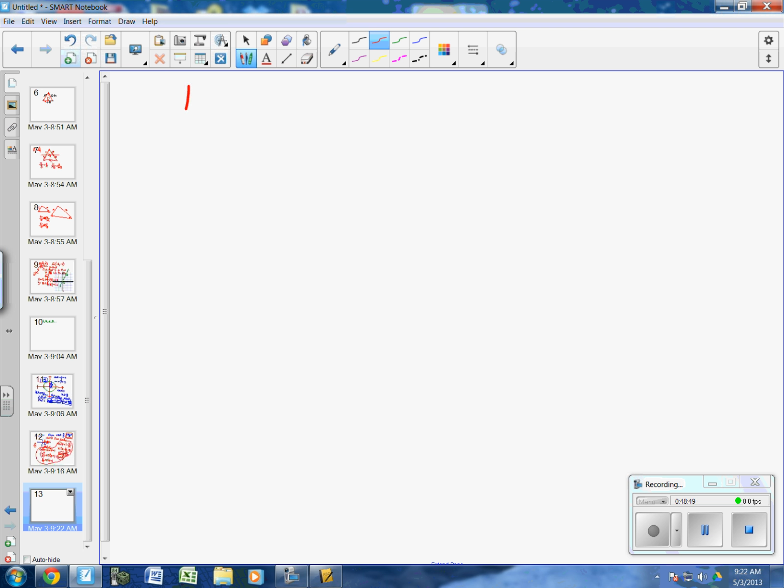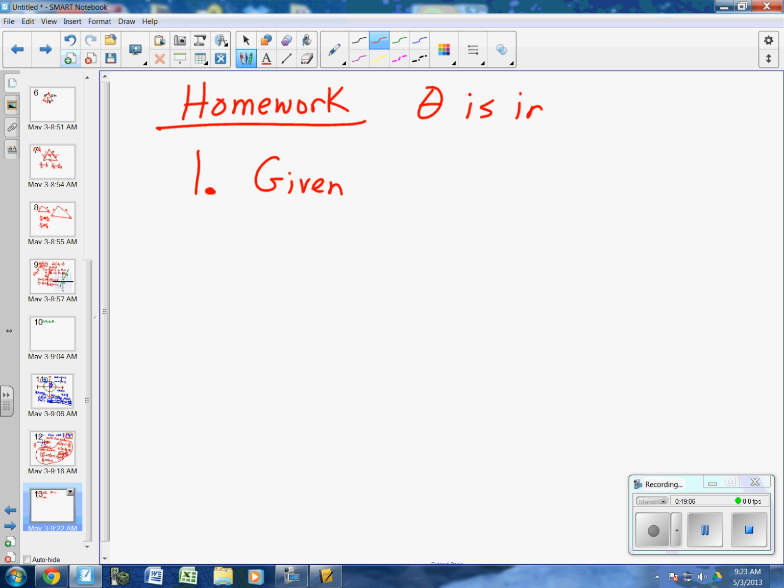Write them down right here. Homework. I'm going to put theta is in the first quadrant.